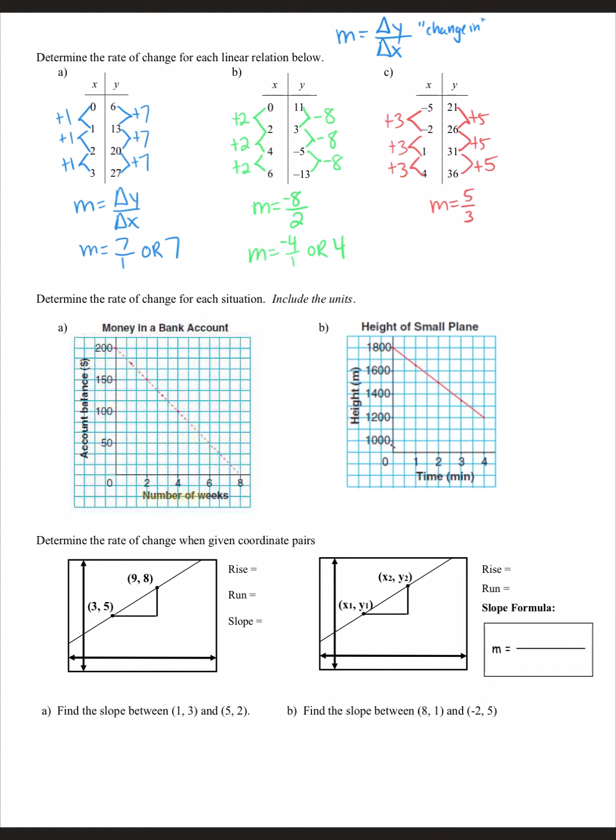We have the number of weeks, that's our x variable, and we have our account balance as our y variable. So it looks like how much money is in our account depends on the number of weeks. So when we are looking at our rate of change, we're going to be looking at how much money is basically being deposited or taken out of a bank account per week.